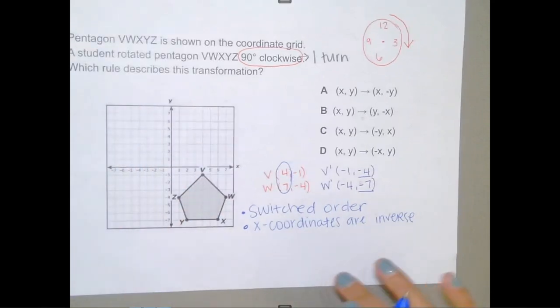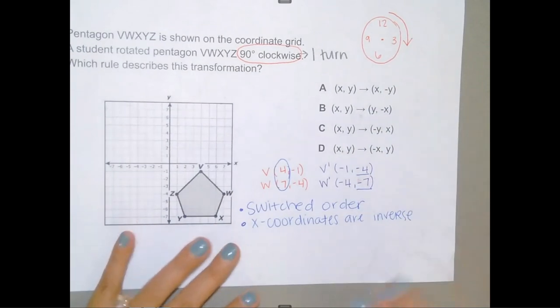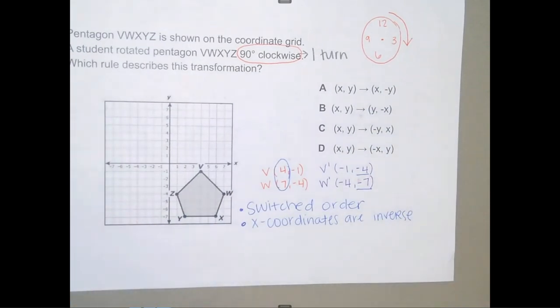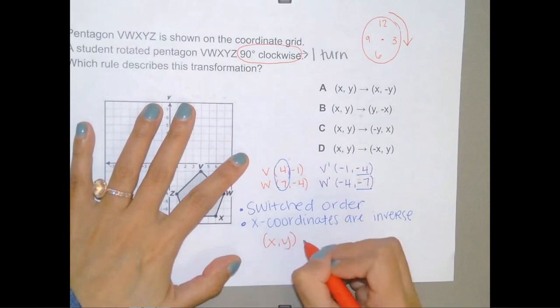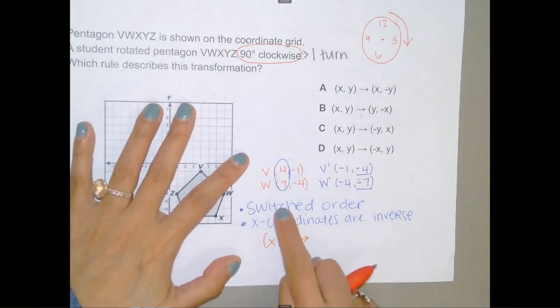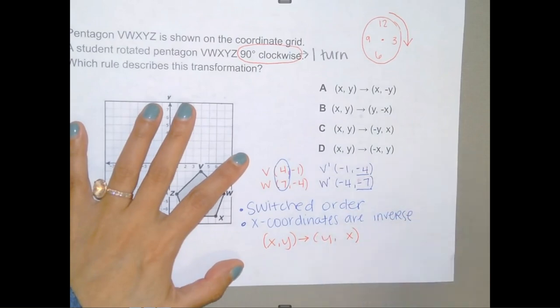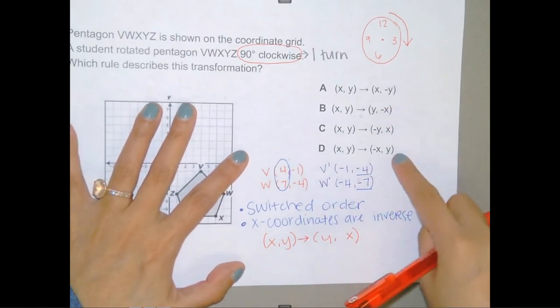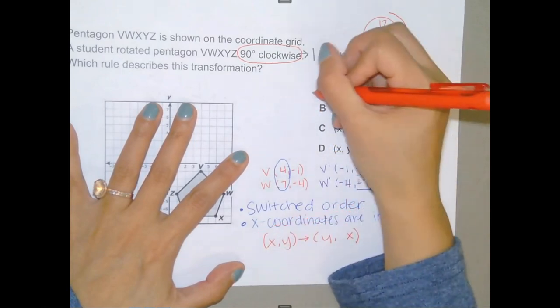So now that we've said in words what happened, we need to figure out the rule that translates those words. So we always start our rule x, y with an arrow. So we first said they switch order. So y comes first and then x. Just knowing they switched order, we can eliminate A because x and y are still in the same order.